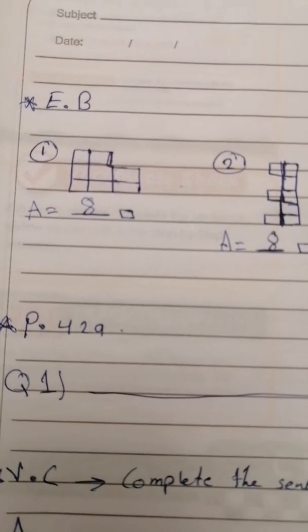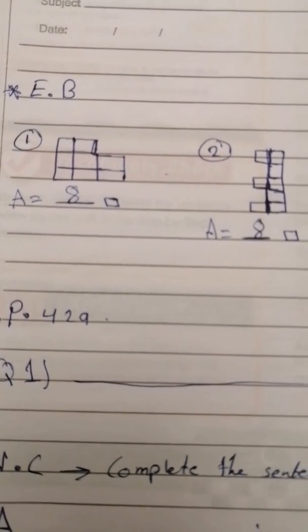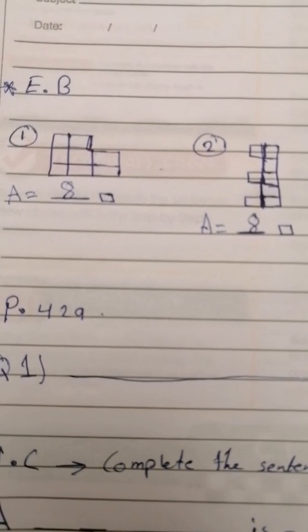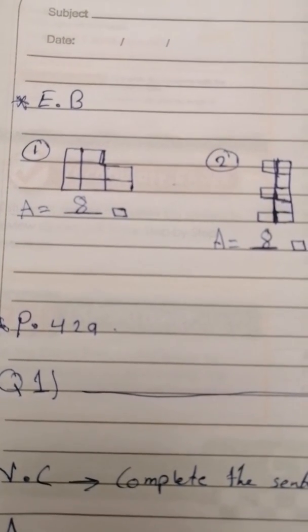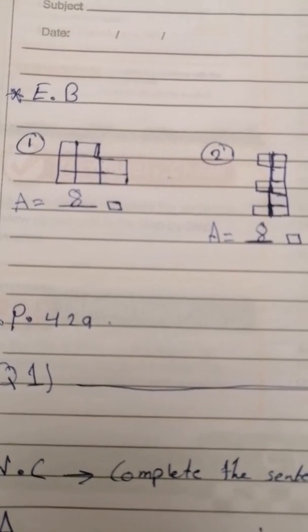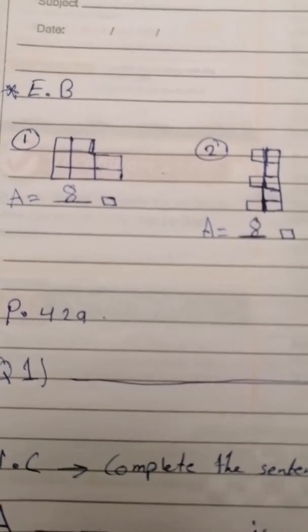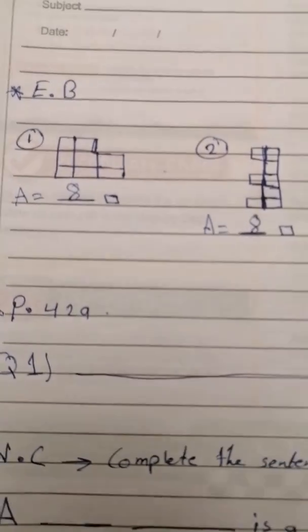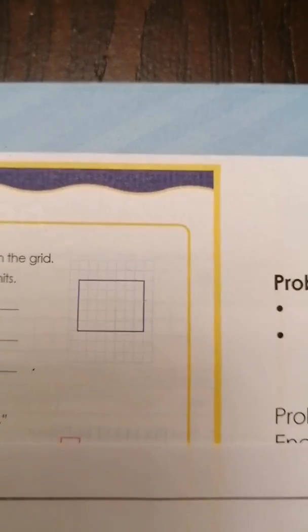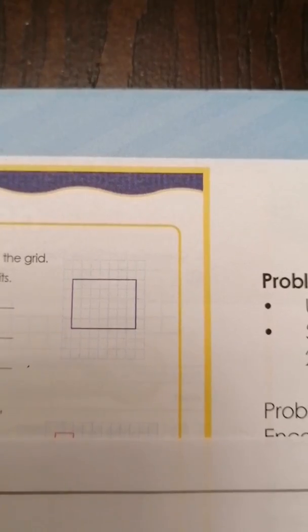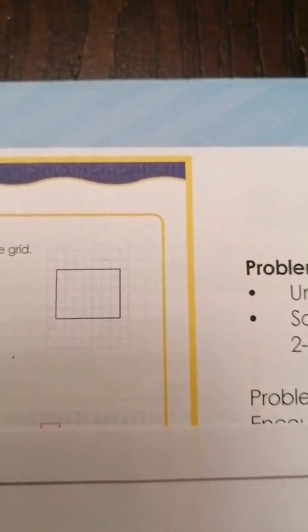Look at the shape that you have beside the question. In order to find the area, you have to count all the square units inside the shape. Okay, look, this is the shape that we have. We have to count all the square units inside it.